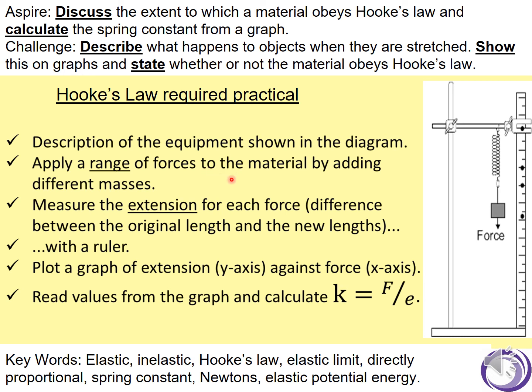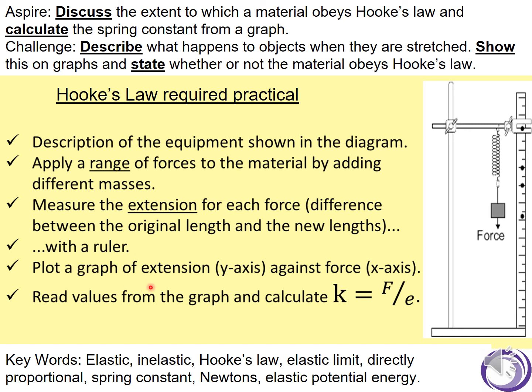We're then going to apply a range of forces to the material, which in this case is the spring, by adding different masses. We're going to measure the extension for each force, and what that means is the difference between the original length and the new length, and we're going to do that using this complicated measuring device called a ruler. Please make sure that you state that in your method.